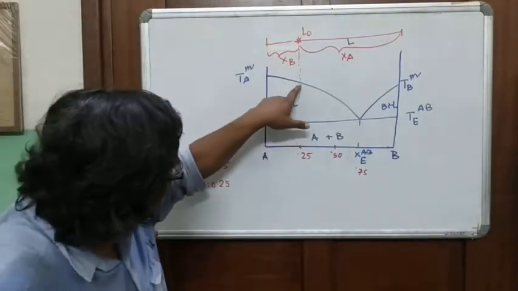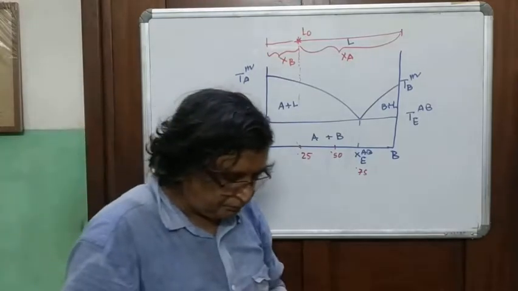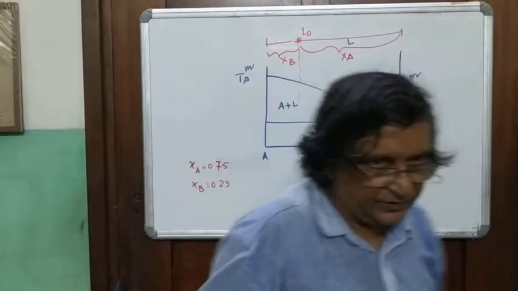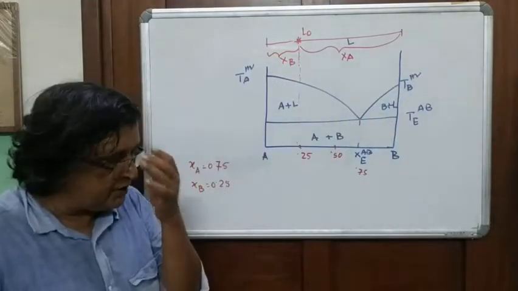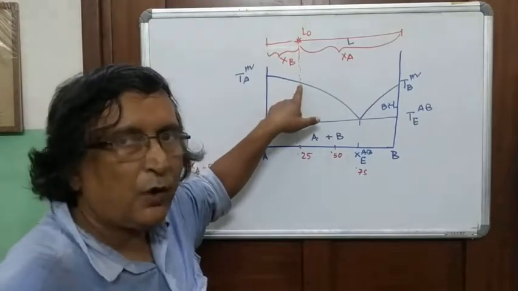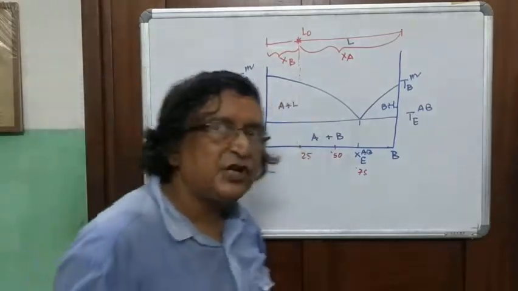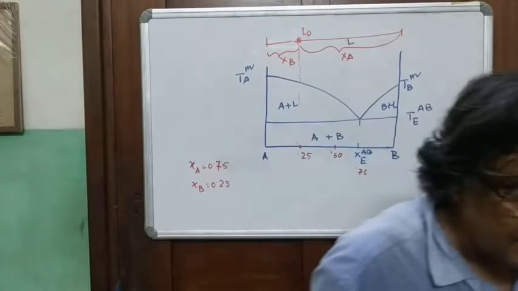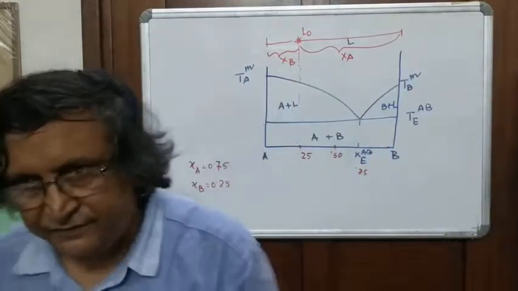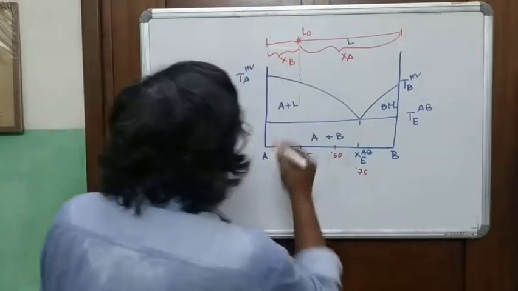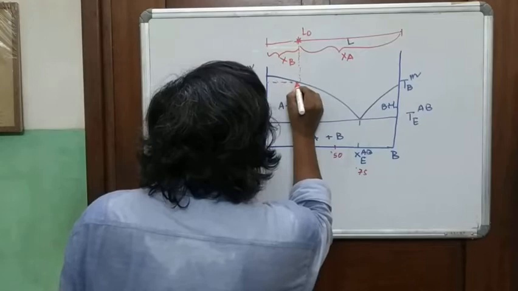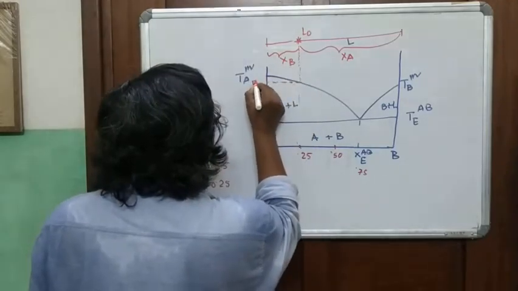So, when it reaches here, mark the words: the temperature of the melt here coincides with the temperature of the liquidus curve. Where does it intersect? At this temperature. So this is, say, T1.